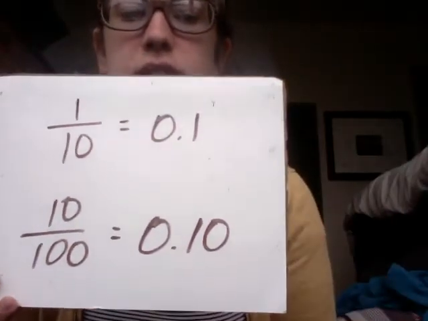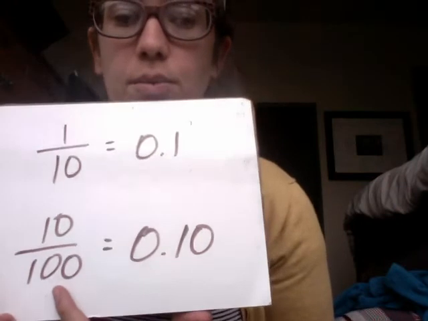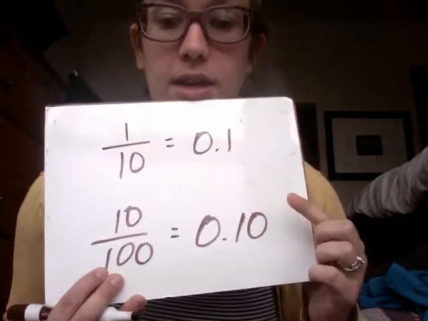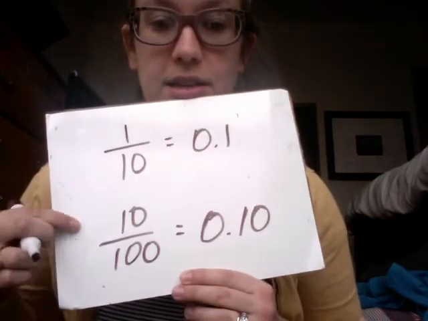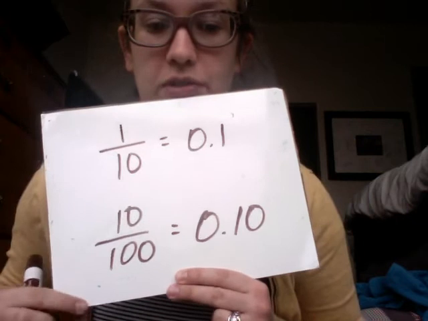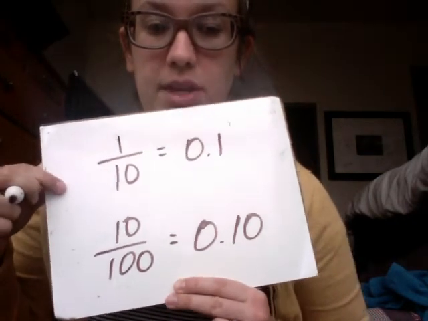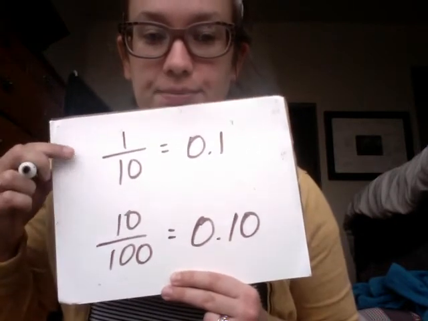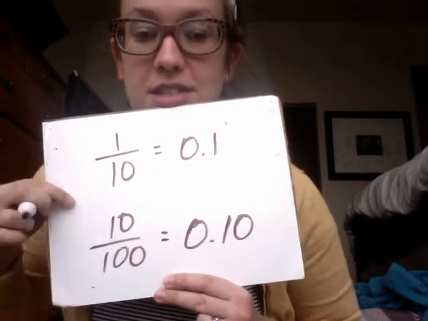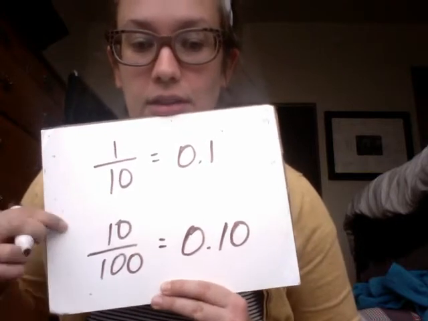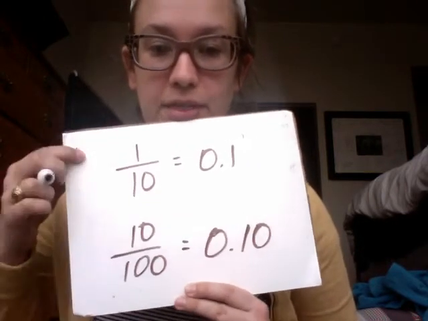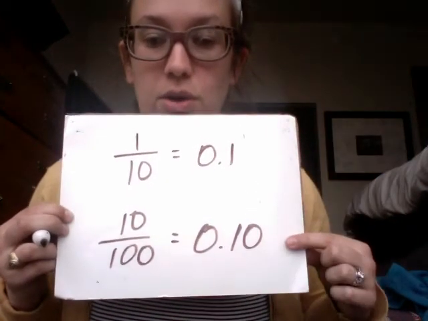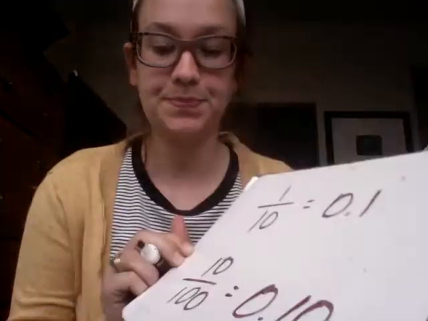If I were to simplify this fraction and divide by 10, 10 divided by 10 is 1. 100 divided by 10 is 10. That means they're equivalent. If you can simplify a fraction and get a different fraction, they're the same value, the same amount. So these are equal. That also means their decimals are equal too. So you can always add zeros to the end of your decimals.